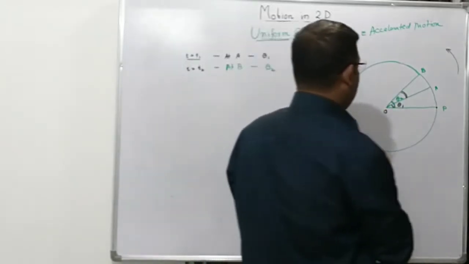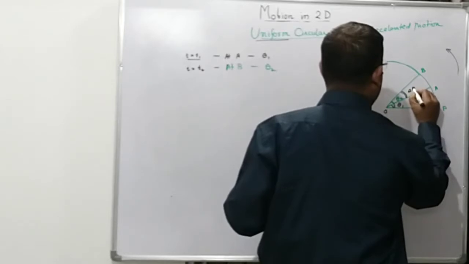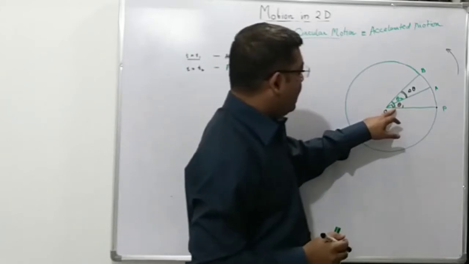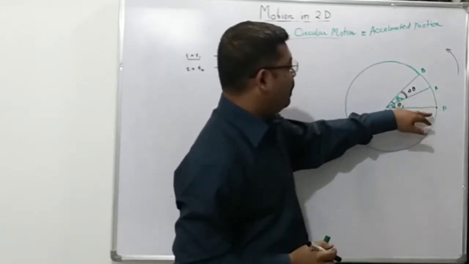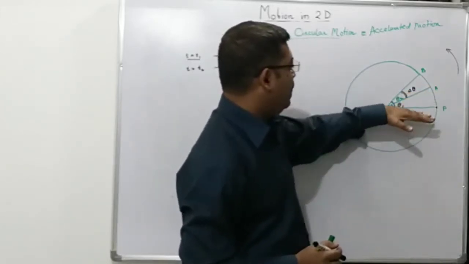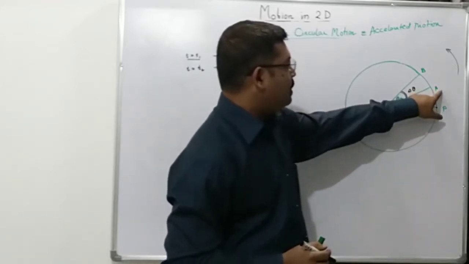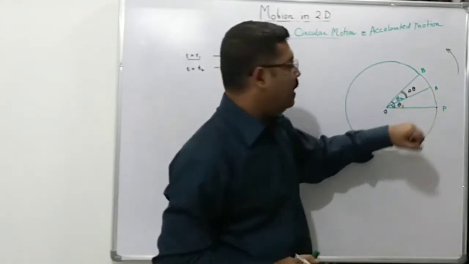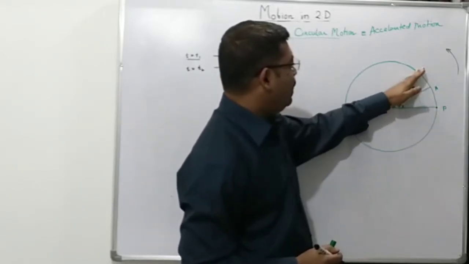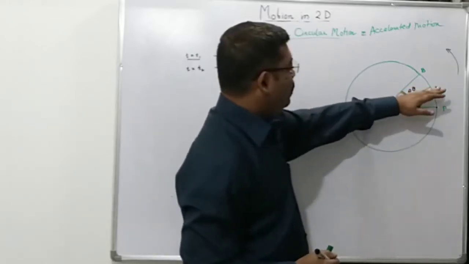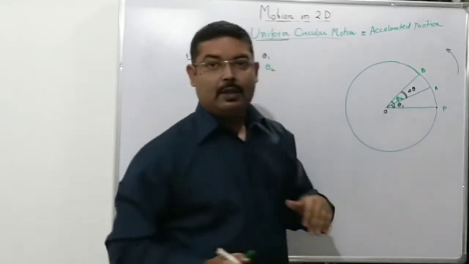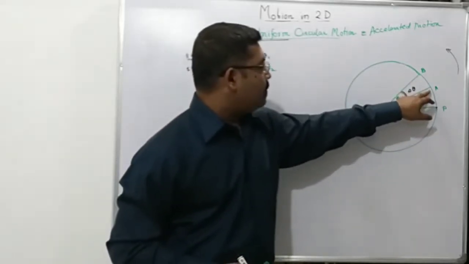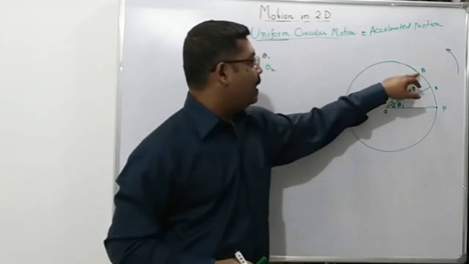So, this angle, let's call this delta theta, change of angular position, because this angle theta 1 gives you along the path the position of A. If I say a point subtends an angle theta 1 with the original direction, then you can easily reach the point A. Similarly, theta 2 angle will give you the position of B. So the change of angular position will be given by the angle subtended by AOB.